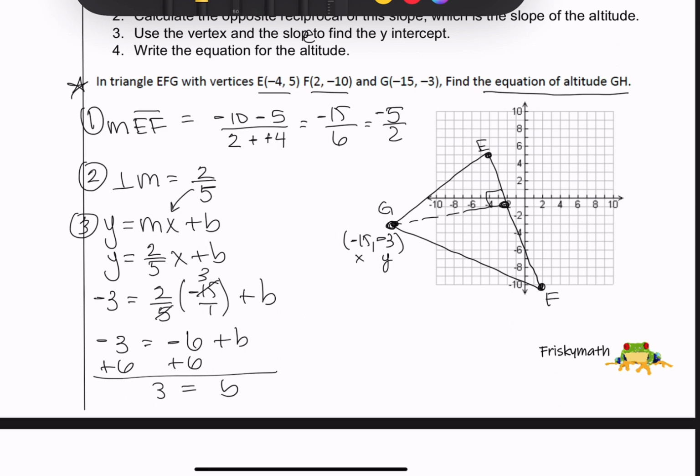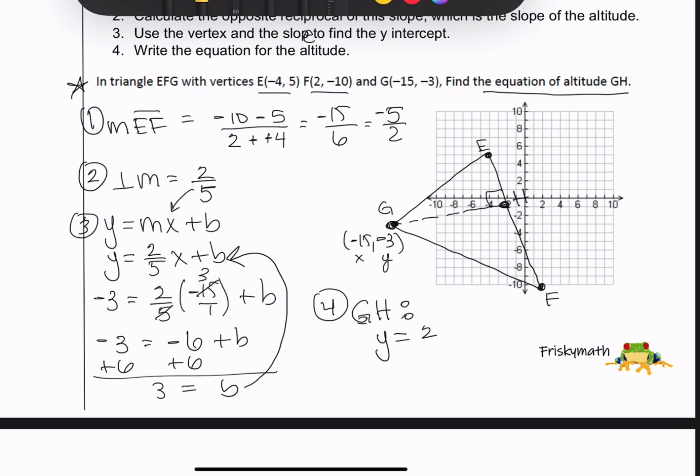And then step 4, now I can write the equation for GH. I didn't mark H on my line here, but that is actually my altitude. The equation for GH will be y equals, and I'm going to plug this b right back up into here.